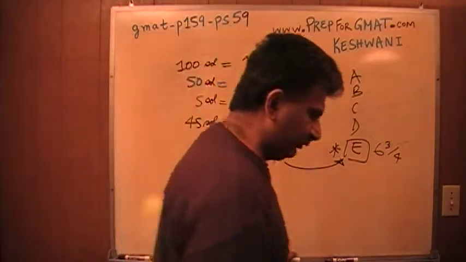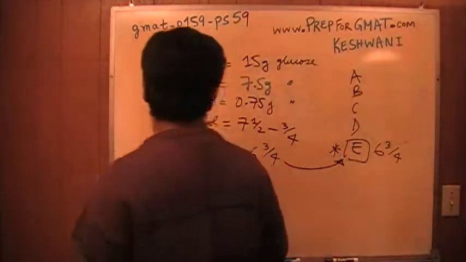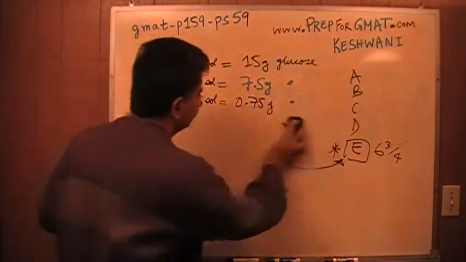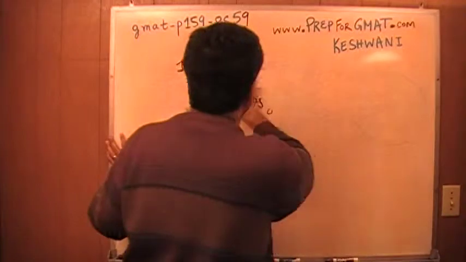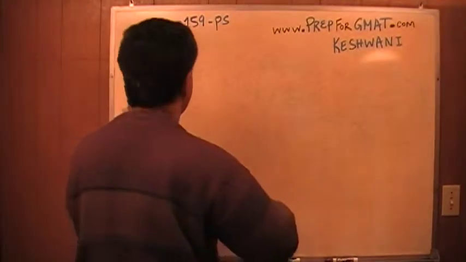Let me see how much time I used up on this one. Oh boy, 7 minutes have gone by and I have to do number 60. Let's do number 60.